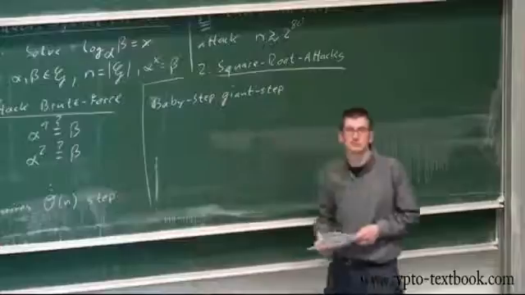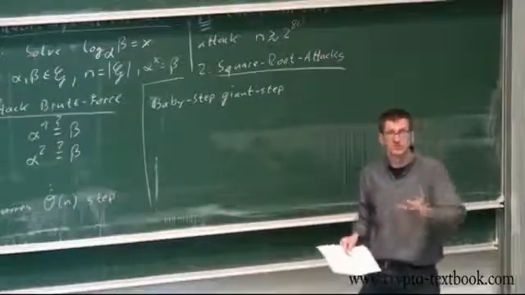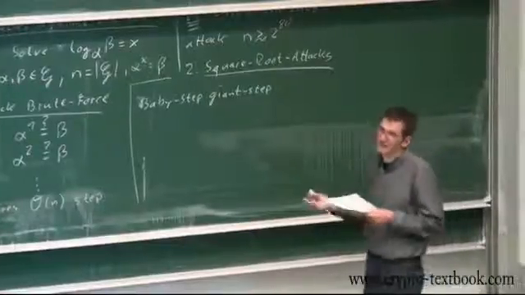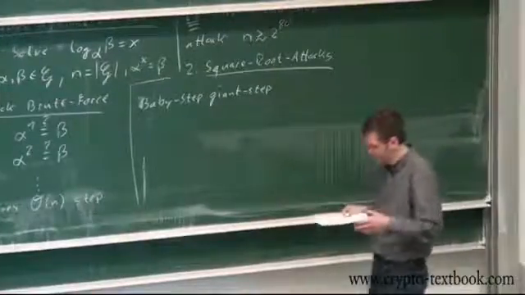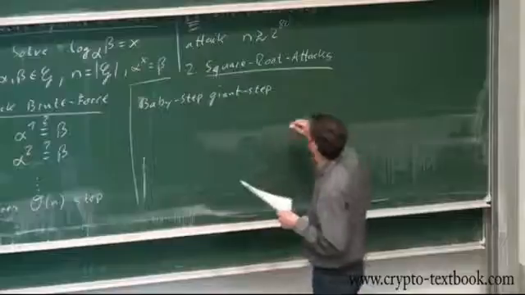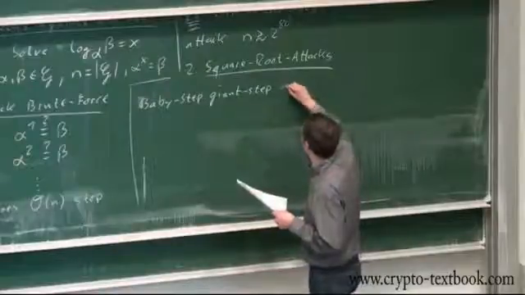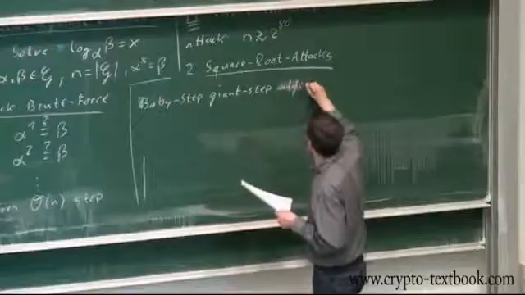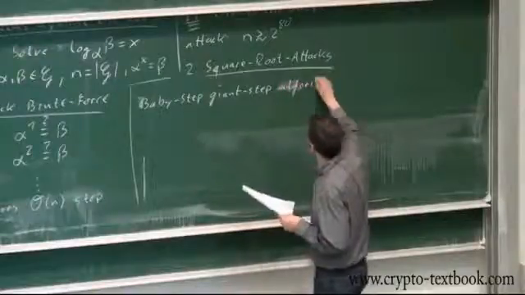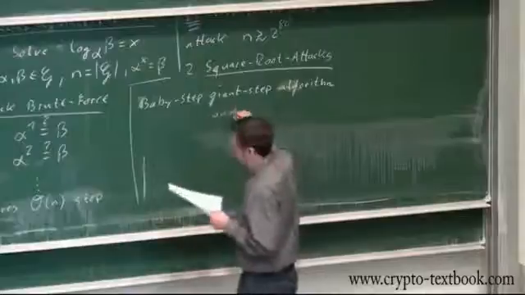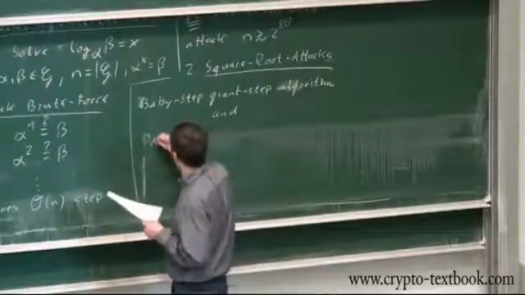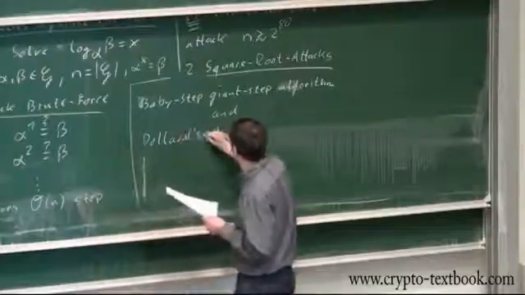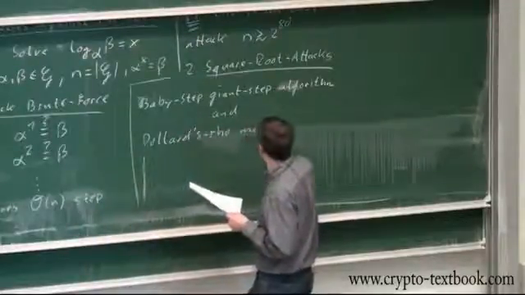Giant step, auf Deutsch, Babyschritt, Riesenschritt, baby step, giant step. There's also another name which is not as nice, okay? Baby step, giant step algorithm, and Pollard's rho method.